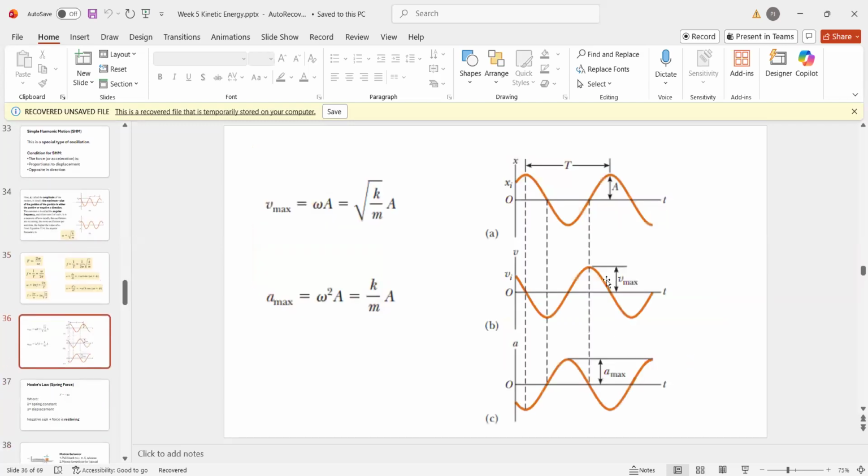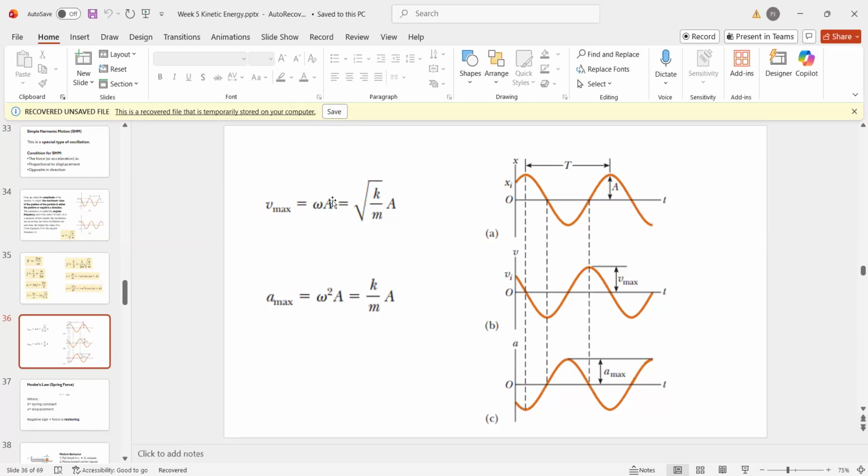So now we are talking about the maximum velocity. At the maximum velocity, the omega is multiplied by the amplitude. So basically, the omega here from our previous formula is the square root of k over m. So I'm just replacing this with the omega here. The maximum is v squared, so instead of v squared I'm writing v, that's why the square root.